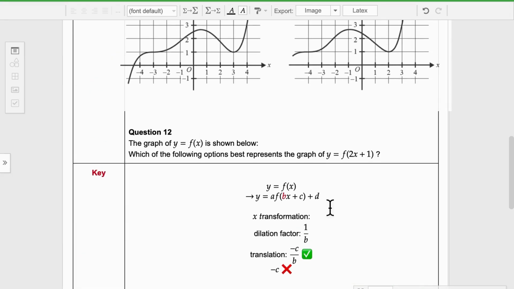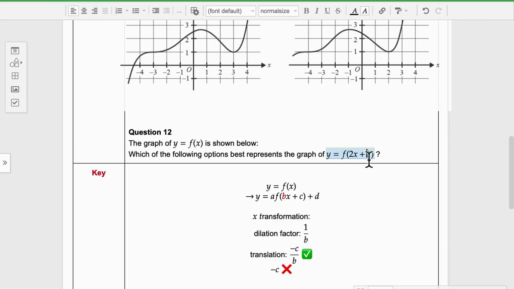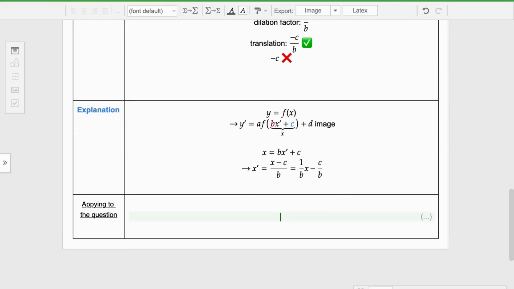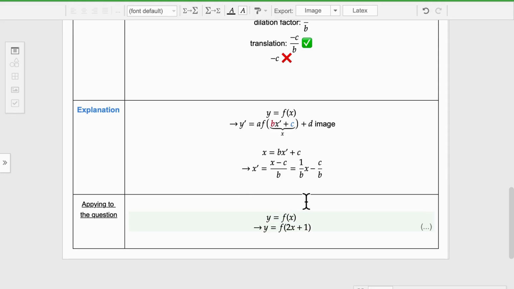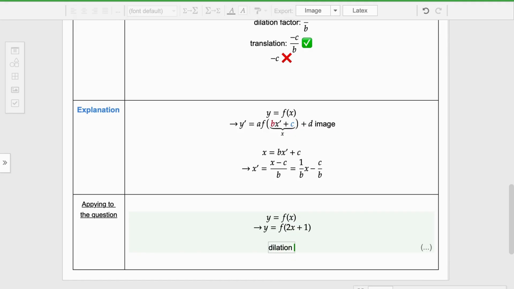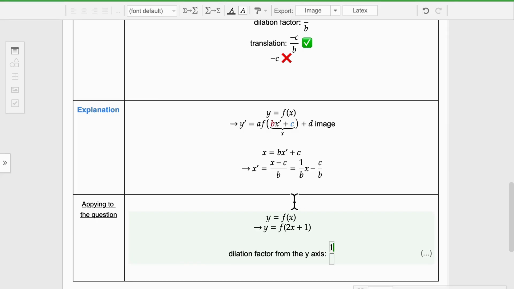Applying this to the question, the original graph y equal to f(x) has been transformed to this one. What is the dilation factor from the y-axis? It will be 1 divided by b, that is 1 over 2 here.